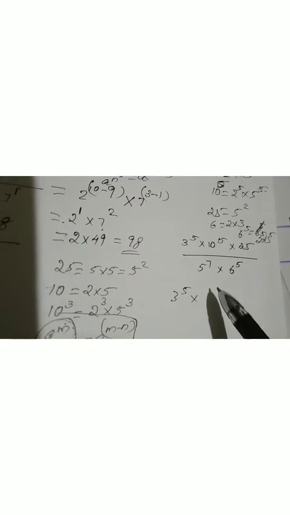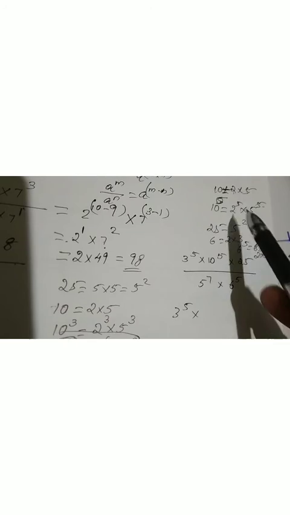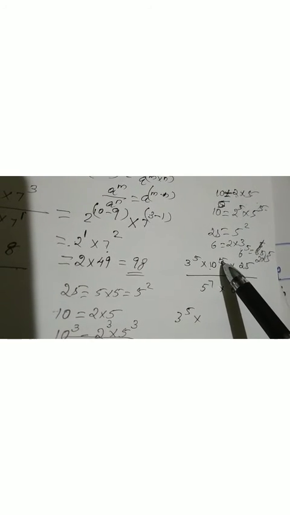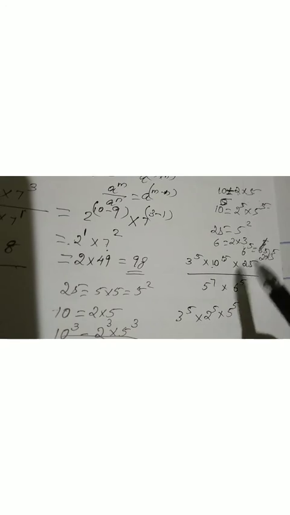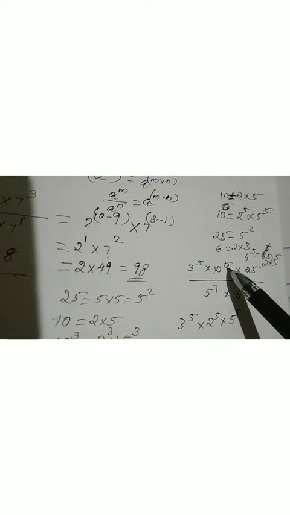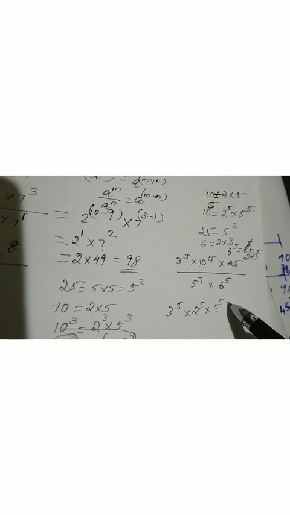So now we can apply all these values here. 10 raised to 5: 10 is equal to 2 times 5, but here 5 is the power, so 2 raised to 5 into 5 raised to 5. We have to give the power for each factor, into 25, 5 squared, divided by 5 raised to 7 into 6, which is equal to 2 times 3.